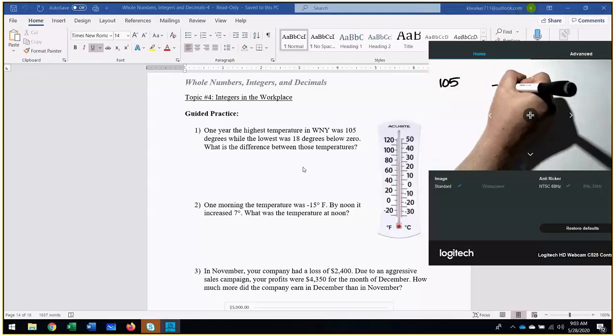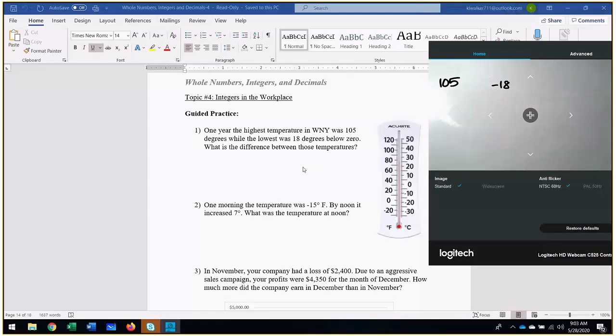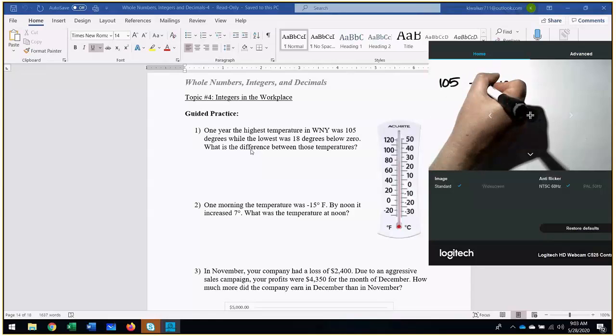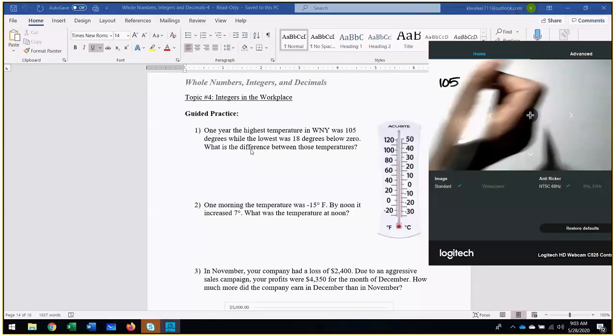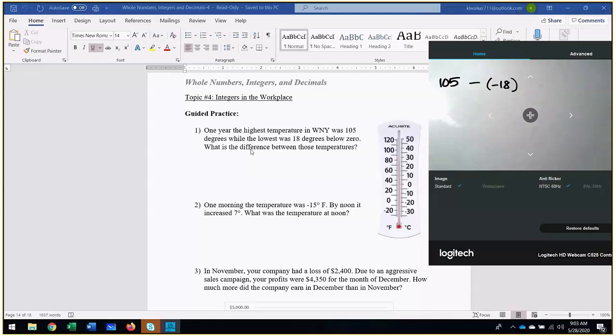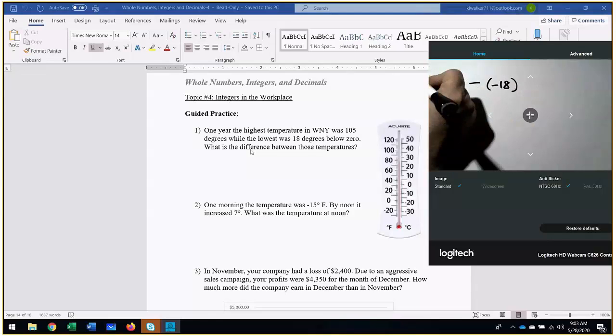So below zero would be negative. Those are your two values. They want to know what the difference is between those. The word difference means subtract. So I need to subtract those two values. That's how this one at least translates.